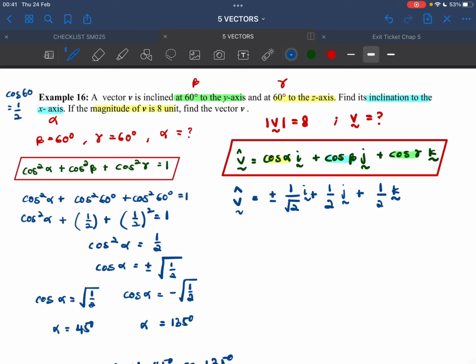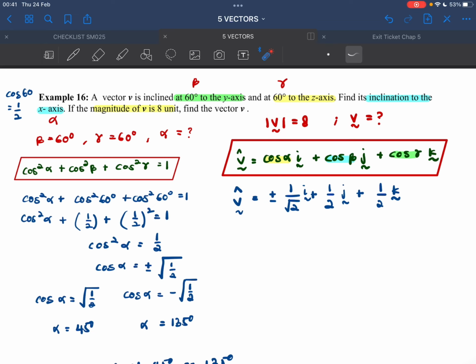Okay, but now we only have the unit vector. We want to find the vector. So what is the relation between these three things? Try to remember from the previous video what is the relation between vector, magnitude, and the unit vector. Do you remember?